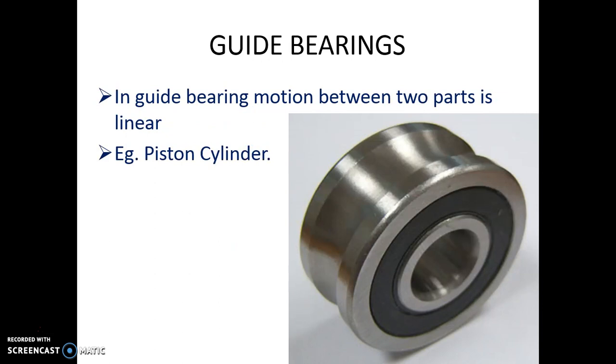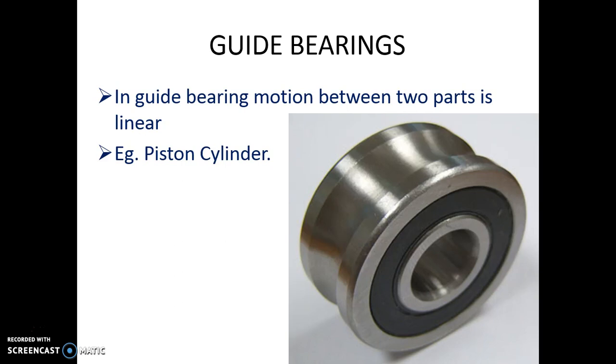In a guide bearing, the motion between two mating surfaces is linear. It is not rotary. So when you have a linear motion between two mating surfaces, like a piston cylinder arrangement, or again one example can be given: guideways of the machine, the guideway of a lathe machine.